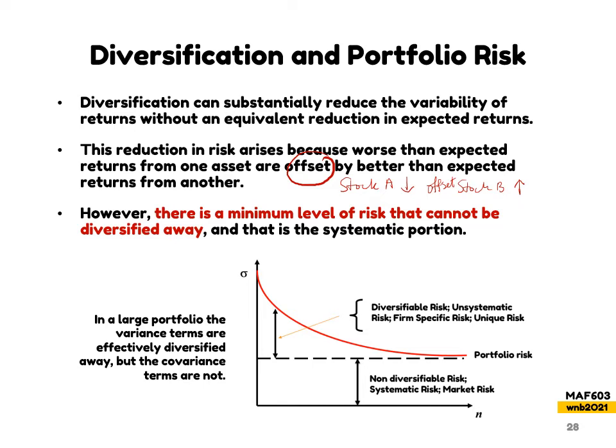So here we illustrate in this diagram. This one is standard deviation, meaning that this one is risk, and N here is the number of assets.